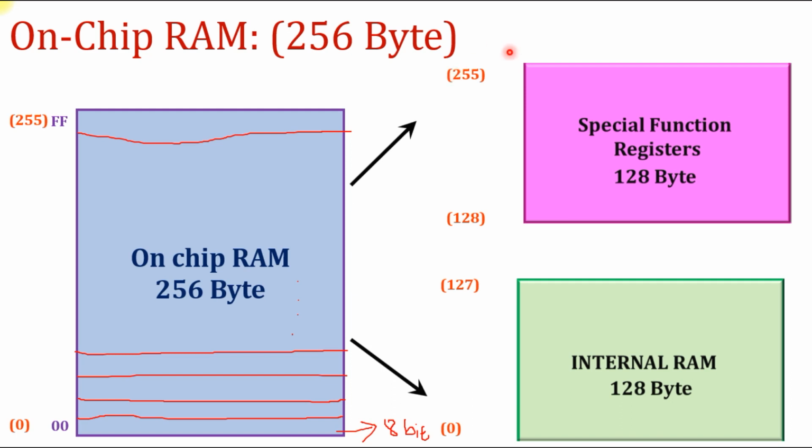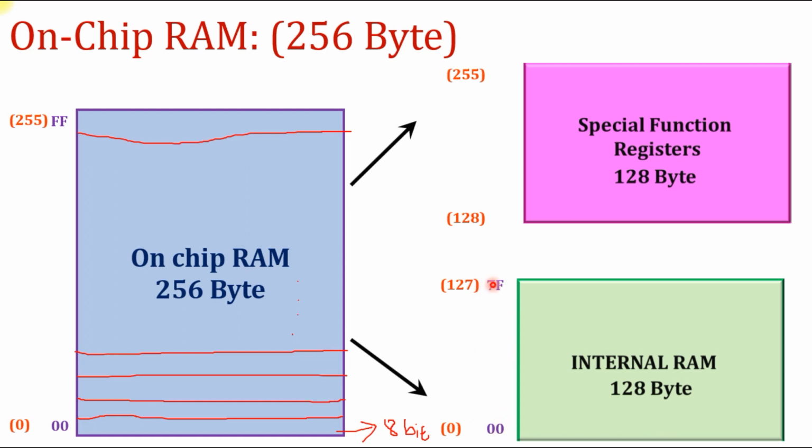We always prefer to represent the entire address in hexadecimal because we can reduce the number of digits. We can see this is 255, and this is 127. If you mention the address in hexadecimal format, we need only 2 digits. The hexadecimal address is 00 to 7F.